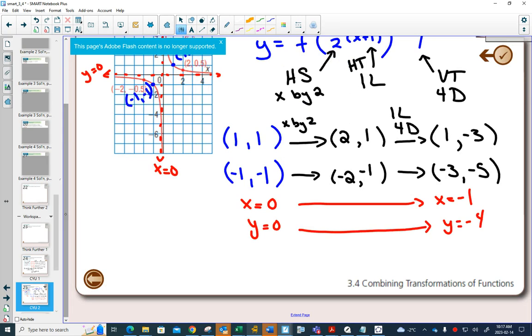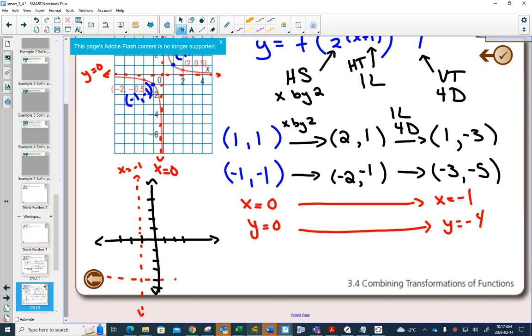So in this case, we're going to draw our final graph off to the side. The reason I'm not drawing it on top of the first one is because with asymptotes and dotted lines, it just gets too busy. So let's draw it on a separate graph. We'll start by drawing our asymptotes. We have an asymptote now at x equals minus 1, and we have an asymptote now at y equals minus 4.